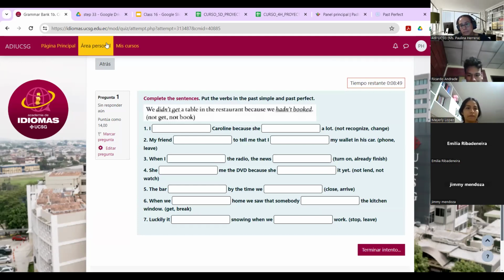Miss, in the exercise 1A, I put the numbers and not the letter. So can I have another opportunity? Yes, Amelia, I will do that. Thank you. Okay, it's done.